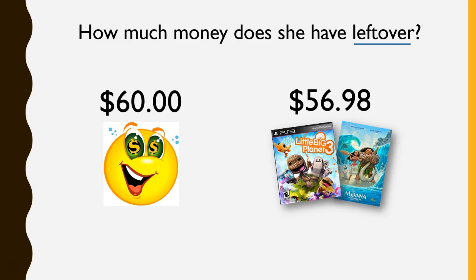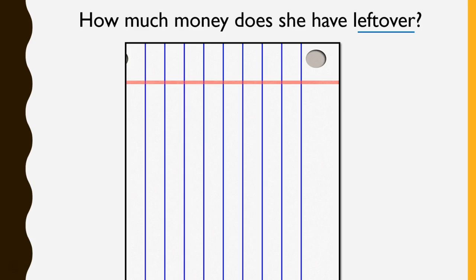That's a clue word that we're going to be subtracting because she has $60 and she's going to spend $56.98. So she's going to give that away. So how much does she have left over? We're going to find out. So let's get out our piece of paper. Let's start lining up these 2 digits.